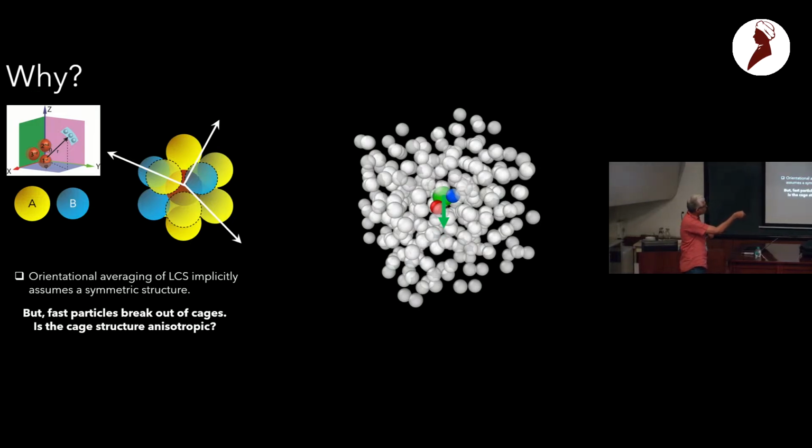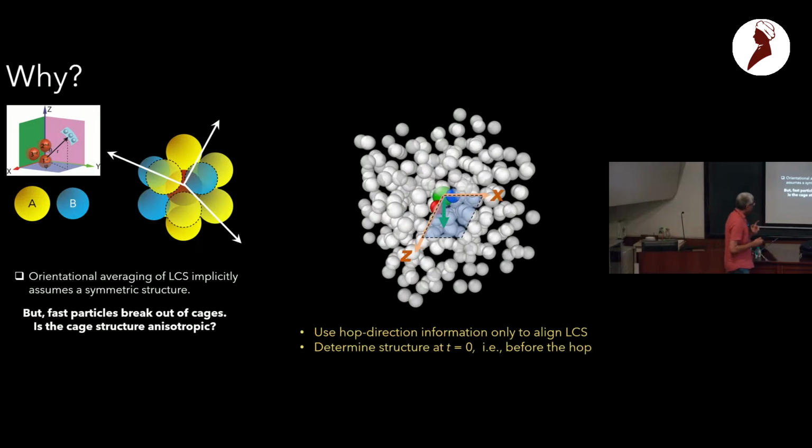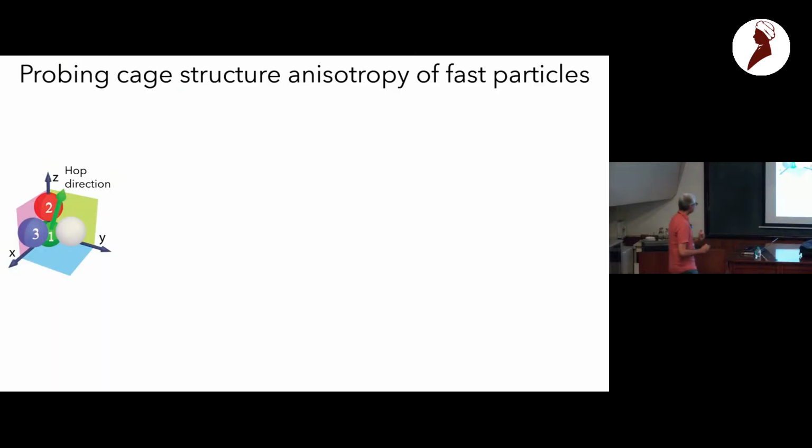I'm going to orient my z-axis along the neighbor that's closest to the hop direction. Please note that I'm using this hop information only to align my coordinate system. I'm going to calculate the structure around the fast particles at t equal to 0, that is, before it made the hop. So this is basically what we do.